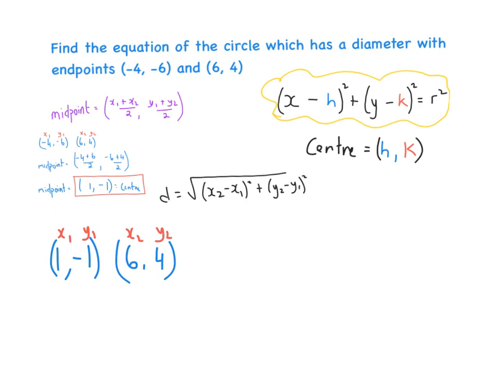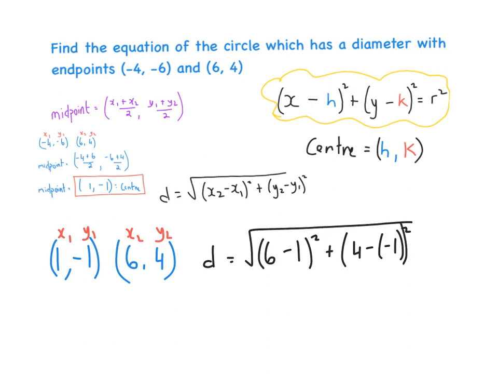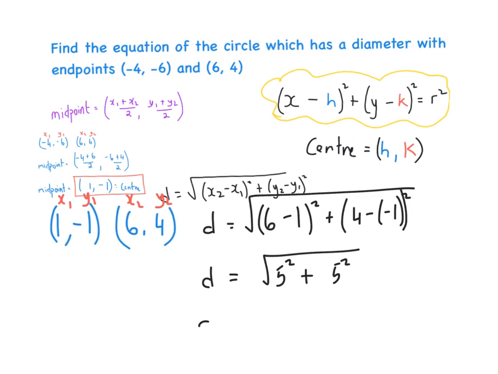That is going to give us a distance of d is equal to the square root of 6 minus 1, all to be squared, plus y2, which is 4 minus minus 1, all to be squared. So d is equal to 5 squared plus 4 plus 1, so that's again 5 squared. So 5 squared plus 5 squared is 50. So our distance is equal to the square root of 50. So that's our radius.